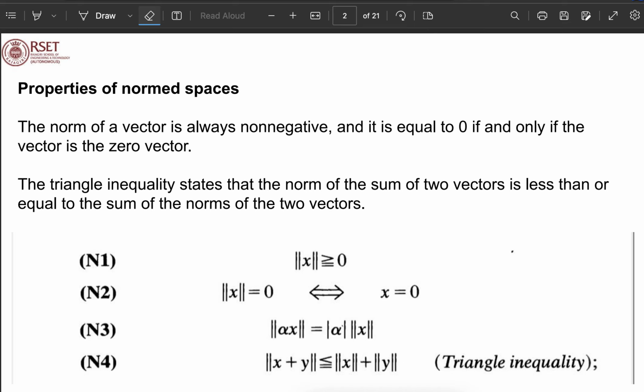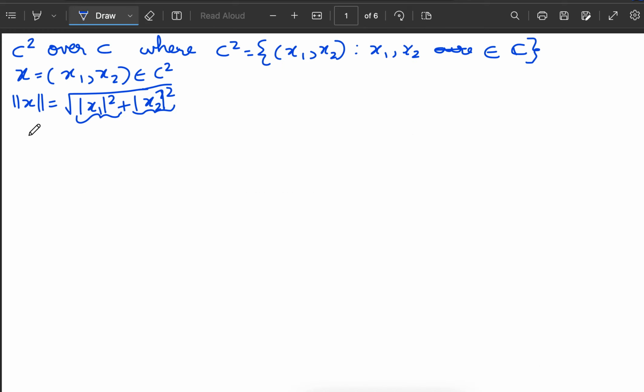So what will be the second property? The second property is norm x is equal to 0 if and only if x is equal to 0. Let norm x be equal to 0. Norm x is equal to 0 if and only if the square root of this is equal to 0. The square root of a number is equal to 0 if and only if that number, that is mod x1 square plus mod x2 square, is equal to 0.